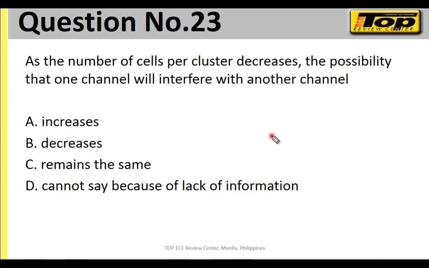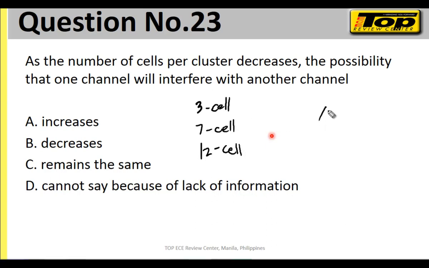Pag sinabi nating cluster, that is basically the combination of or an area where there is a number of cells. Say, we have 3 common clusters: the 3-cell, the 7-cell, and of course, the 12-cell cluster. Ibig sabihin nito, yung isang grupo may 3 cells, or 7 or 12 cells.